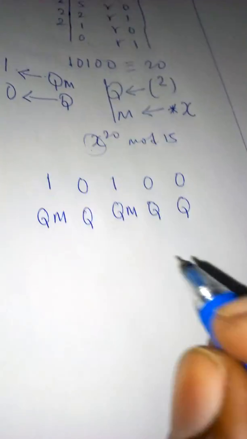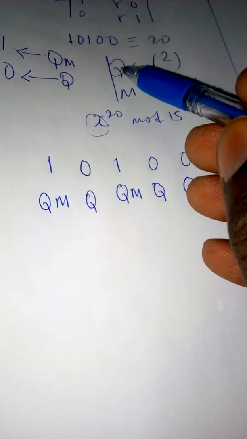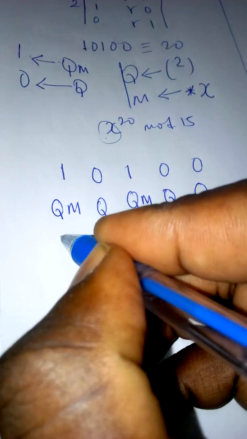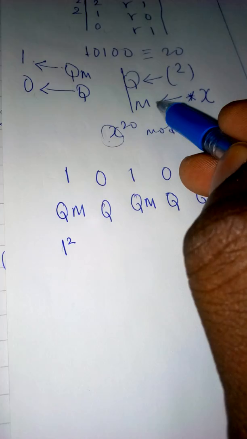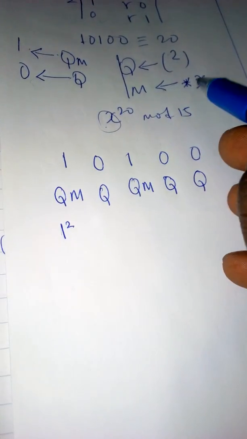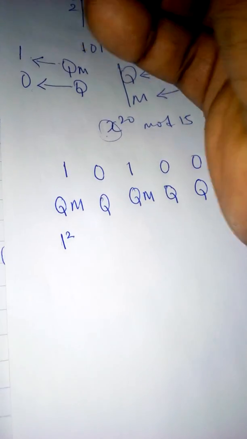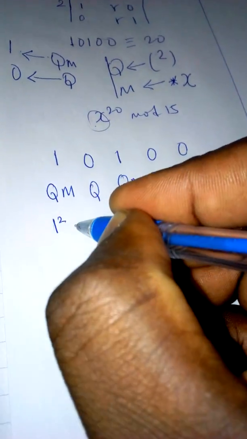Next, wherever we see Q, we represent it with square. So here we have 1 square, right? Wherever we have M, we represent it with star X, in our case star 5.